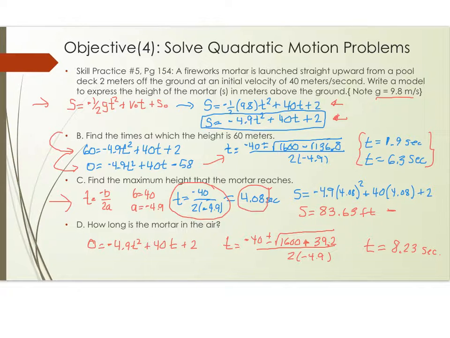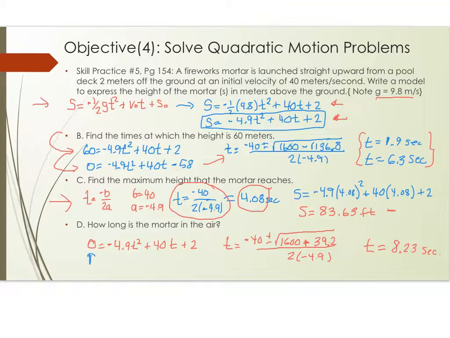Finally, the last question says, how long is the mortar in the air? Well, when the mortar gets to the ground, guess what? S is at 0, right? So we set the equation to 0. So 0 is equal to negative 4.9 t squared plus 40t plus 2.